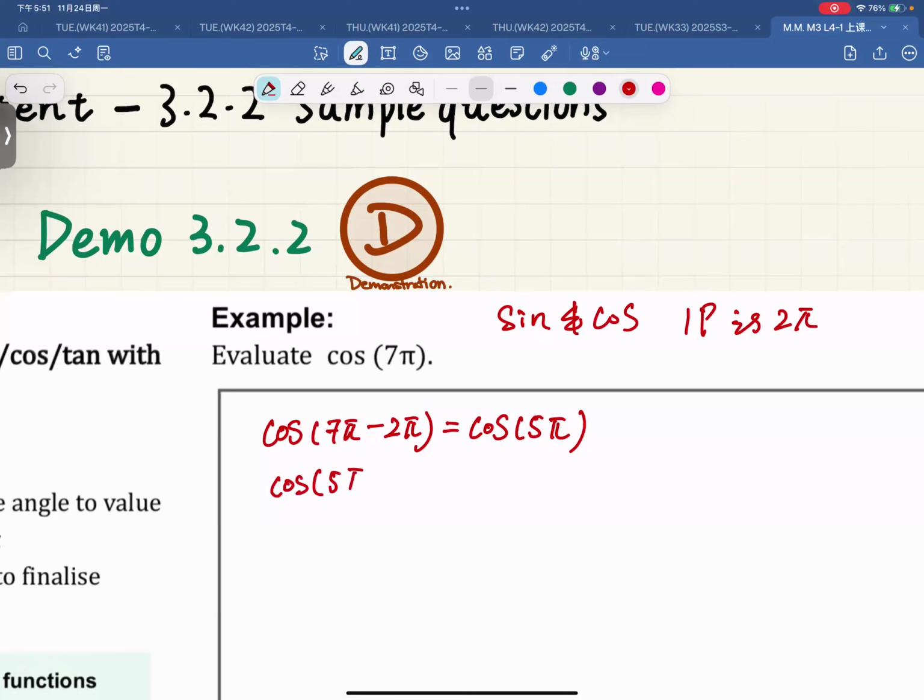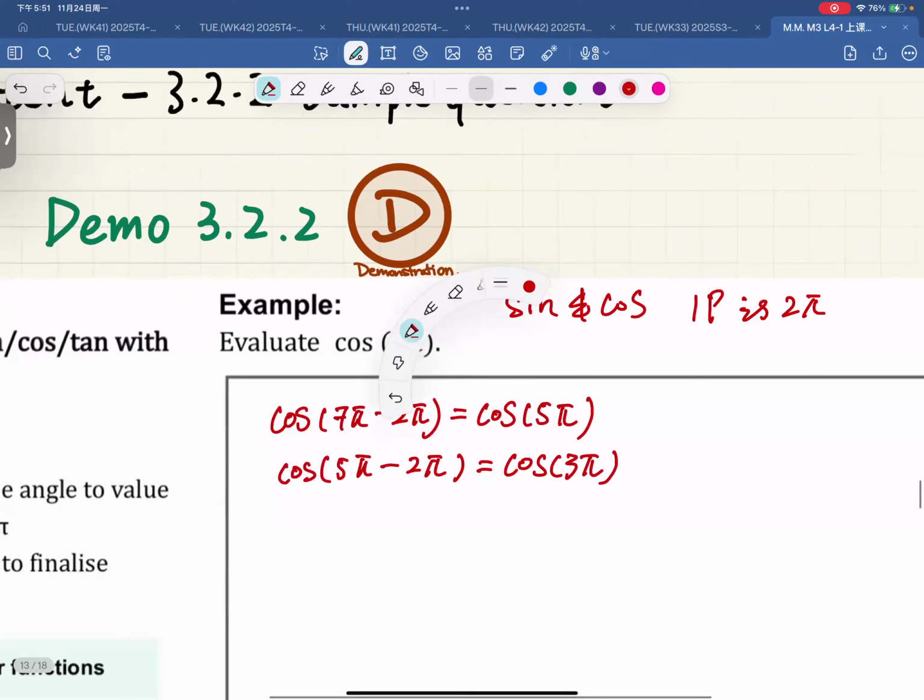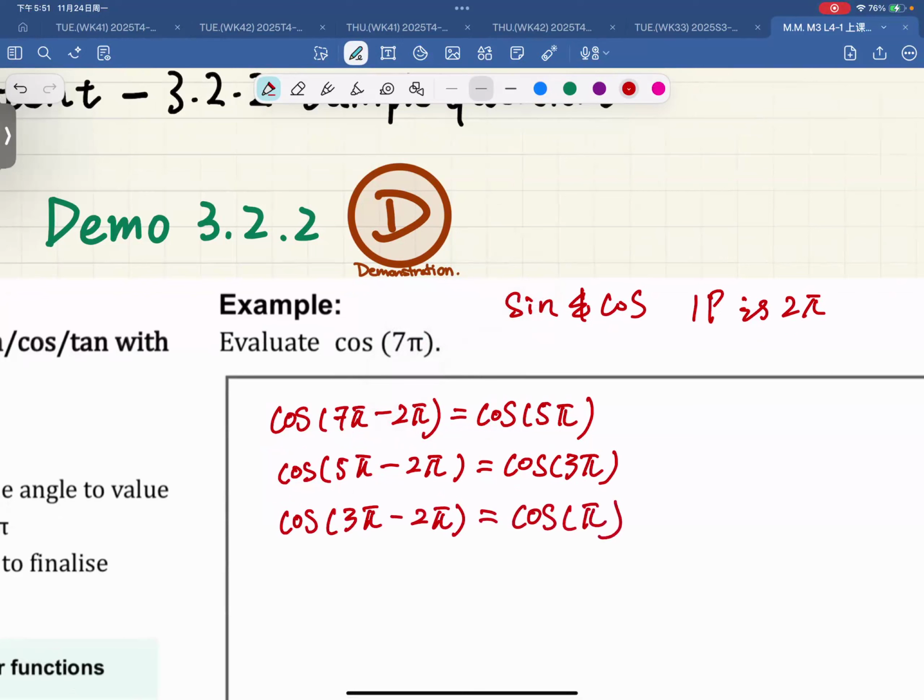Cosine 5 pi minus 2 pi is equal to cosine 3 pi. Minus another 2 pi, cosine 3 pi minus 2 pi is equal to cosine pi. Is that easier to figure out? Cosine pi is equal to, can anyone remember the cosine graph?